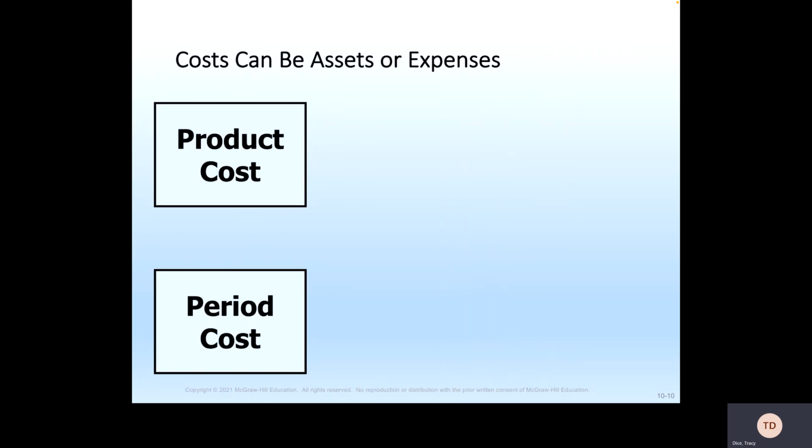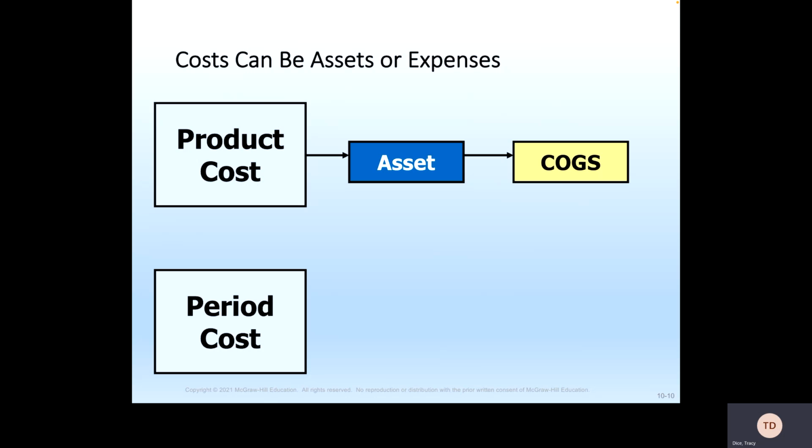So here's another diagram. When we look at our product costs, all product costs, so your materials, your labor, and your overhead, will remain in inventory until the revenue is earned when it's sold. So it becomes an asset, and then those product costs become your costs of goods sold. So they move from product costs to assets when you have your finished inventory, and then you finally expense them in your COGS.